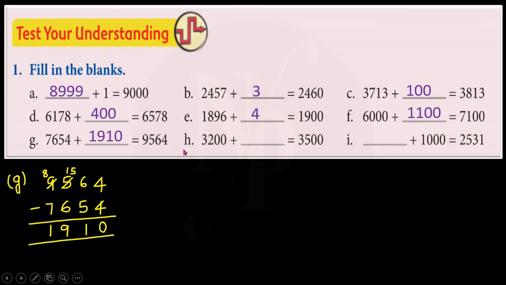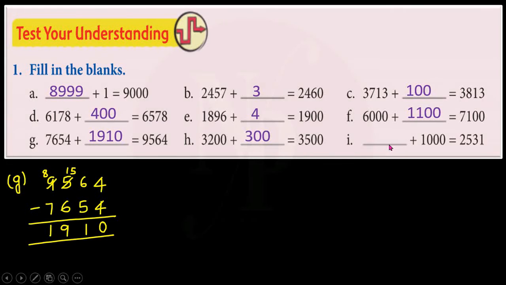Coming to H, here you have 3,200 plus a number gives 3,500. So observe these numbers. 3,500 is 300 more than 3,200. So the required number to be filled here is 300. So 3,200 plus 300 is equal to 3,500 is the required addition statement.